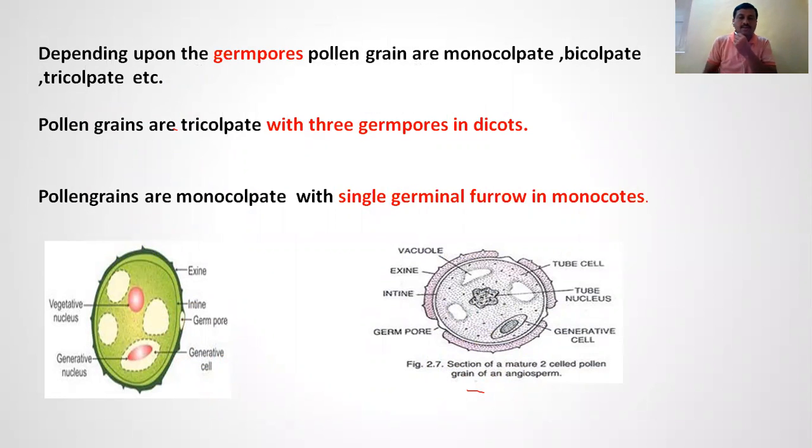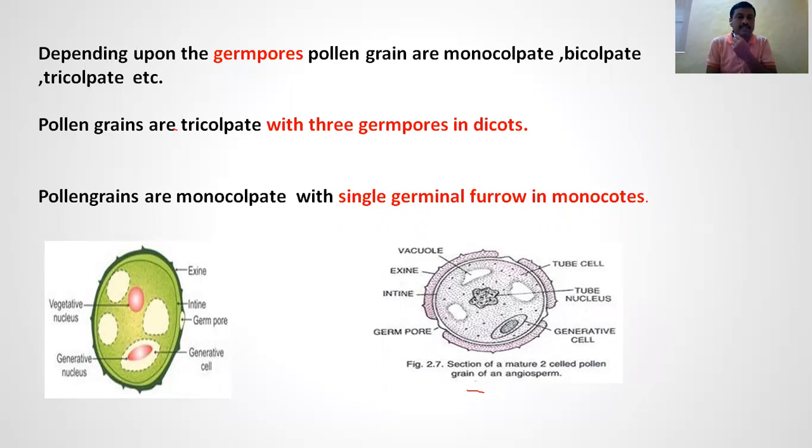Only one germ pore present is called monocolpate. Two germ pores present is called bicolpate. And three germ pores present is called tricolpate.